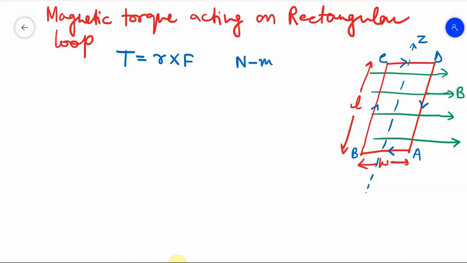Now the rectangular loop of length L and width W is placed in uniform magnetic field B, since current is flowing in the rectangular loop in the direction A to B, B to C, C to D and D to A. And the axis of this current loop is along the Z axis. So there will be a couple of forces acting across this.